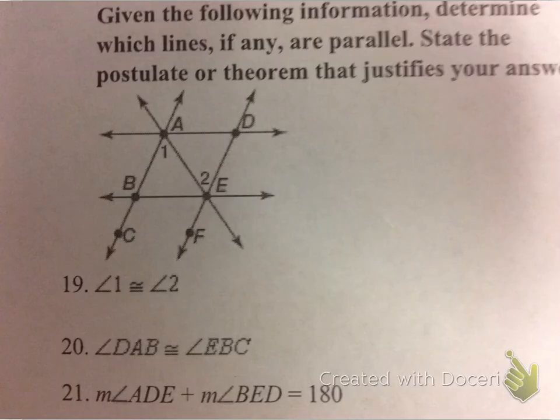These next ones, given the following information, determine which lines, if any, are parallel. State the postulate or theorem that justifies your answer. Now, keep in mind this. These ones start with, if you're looking at the formula sheet, is it the corresponding angles, alternate interior angles theorem? Which one is it?